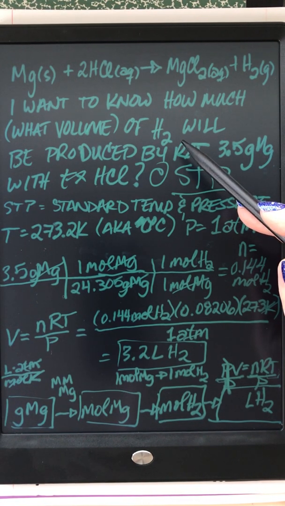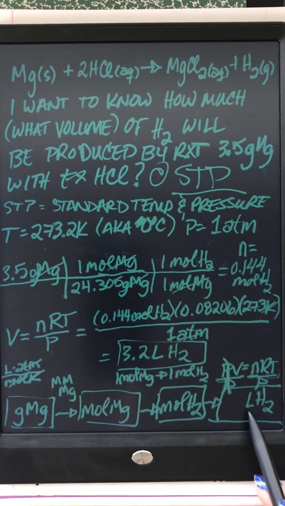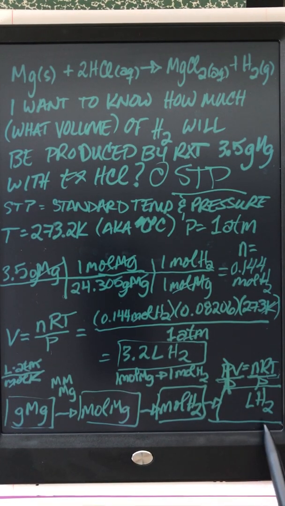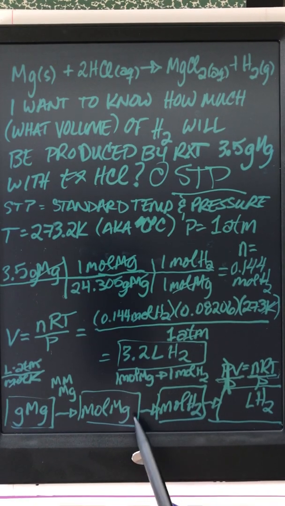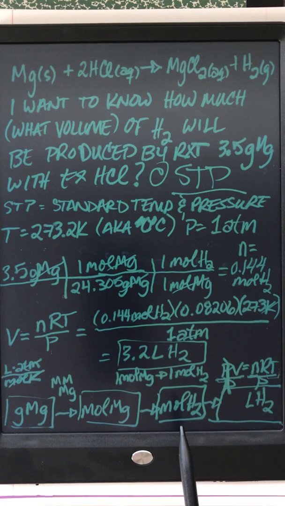If this is where we're trying to get, and it's a gas, then we definitely need to use PV equals nRT, but we're going to have to start with a few steps that involve stoichiometry, right? Does that make sense? Yeah.